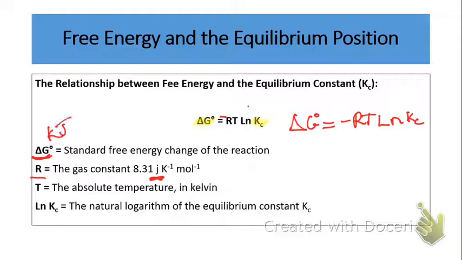So that's something we have to take into account when we're solving with this equation. T is the absolute temperature in Kelvin, and then of course ln Kc is the natural log of the equilibrium constant. Okay, so let's go ahead and do a couple of practice problems that involve using this equation.